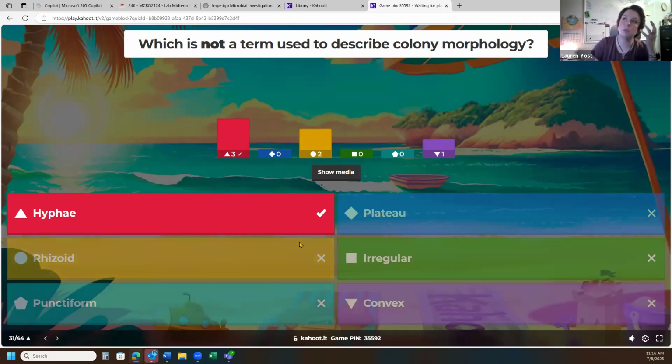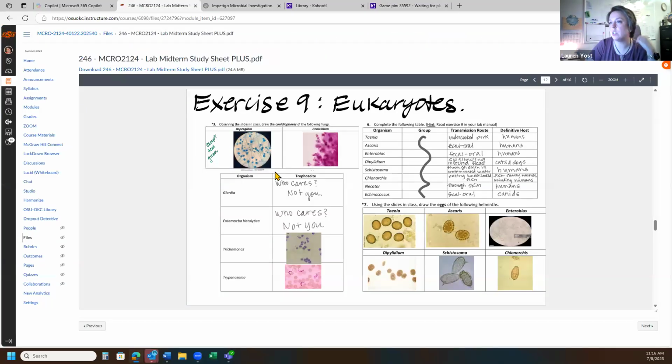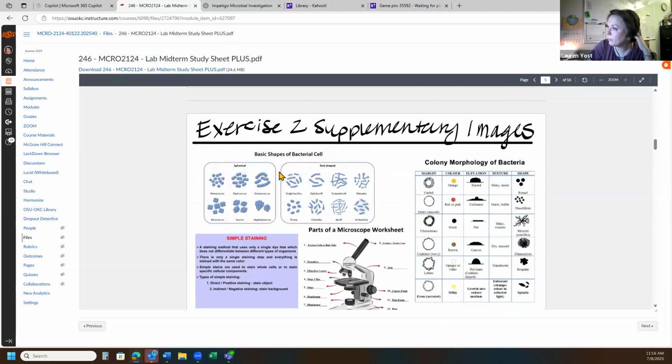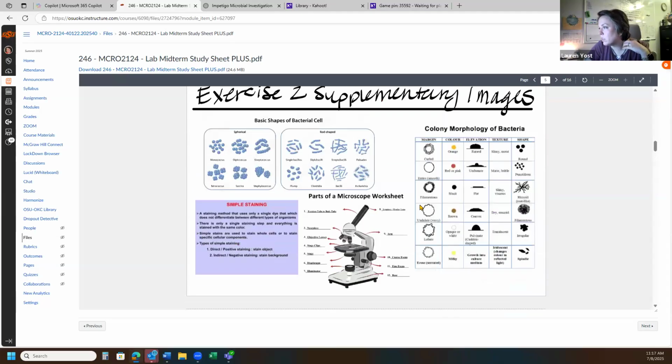So there's some of the terms where if you go to your colony morphology stuff, let's go back to it. It's exercise 2, where we've got these terms here. Raised. It's not going to be raised. Umbonate. That's a fried egg shape. Flat, convex, pulvinate.